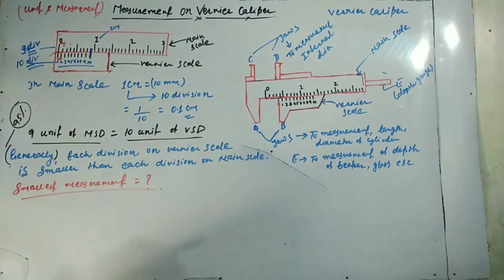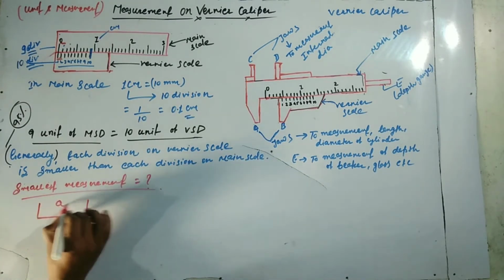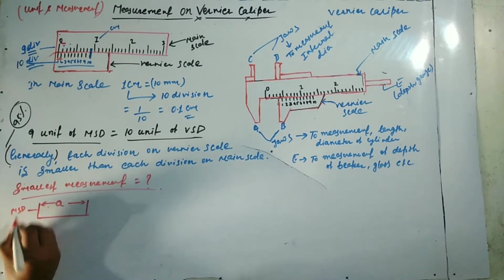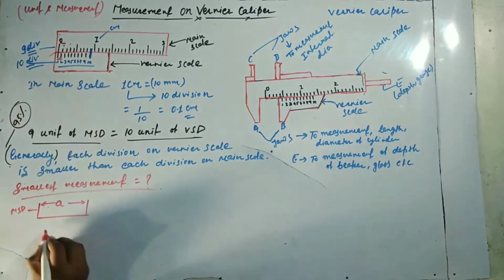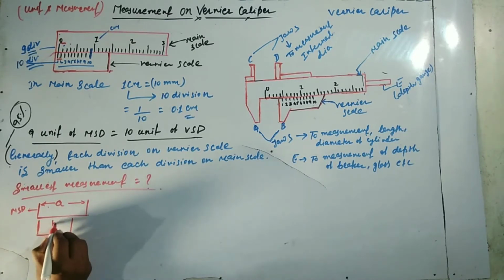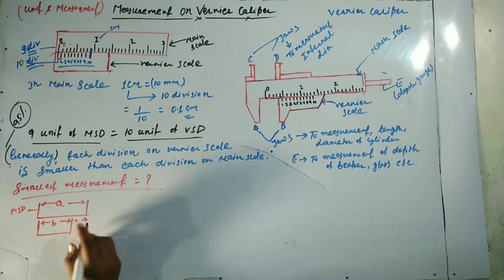We draw one division of the main scale, that is A, and from the figure we draw a Vernier scale division, that is V, and its difference is C.